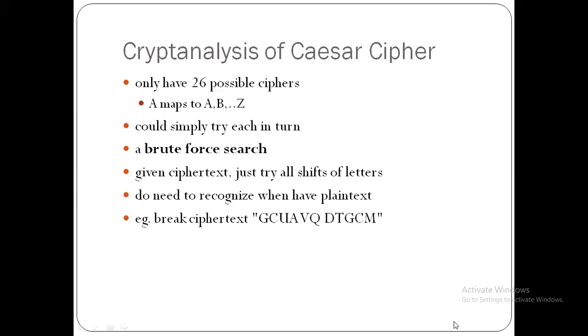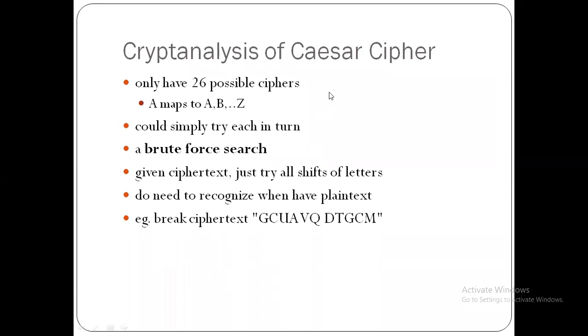Now, cryptanalysis of the Caesar cipher. We have only 26 possible keys, because the letters are A to Z. Then we could simply try a brute force approach. Given the ciphertext, just try all shifts of letters. We do not need to recognize when we have the plain text.